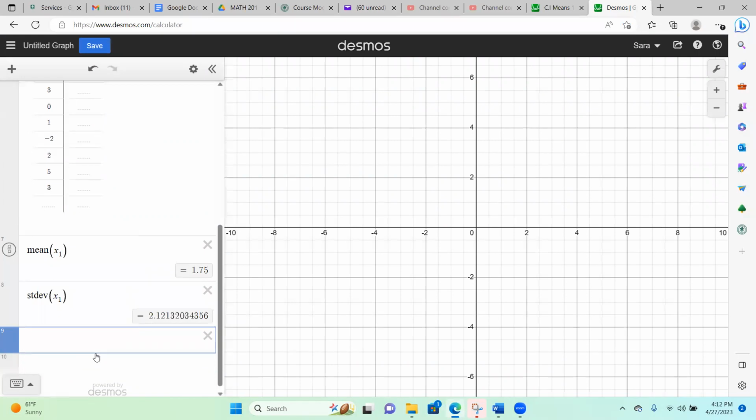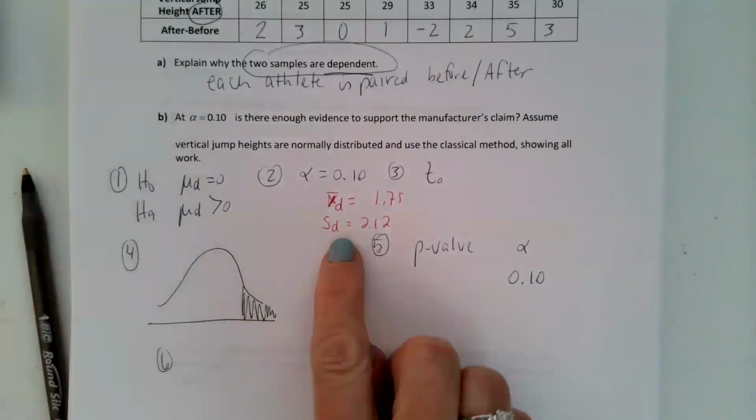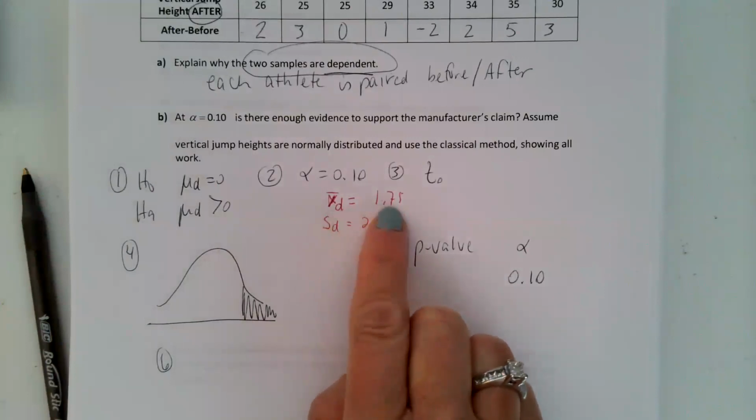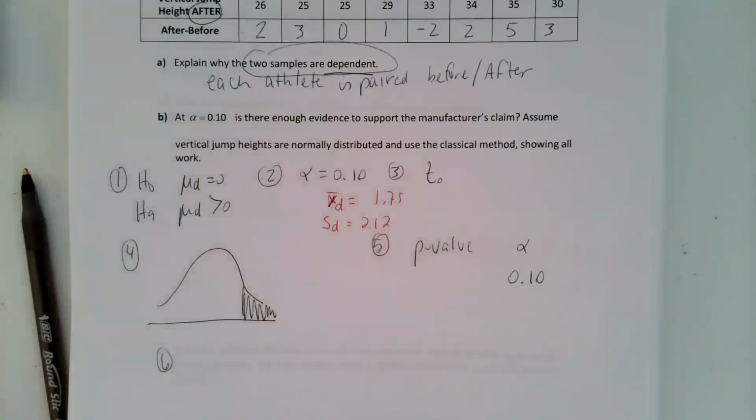The mean of the differences is equal to 1.75, and the standard deviation of the differences is equal to 2.12. I'm just going to go back and show you my paper. I just jotted those down: the mean of the differences and the standard deviation.